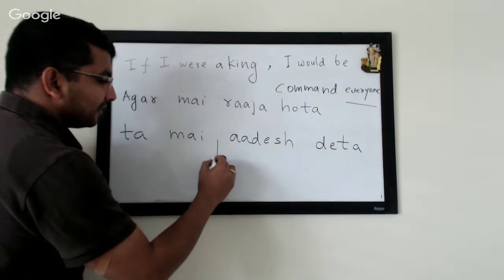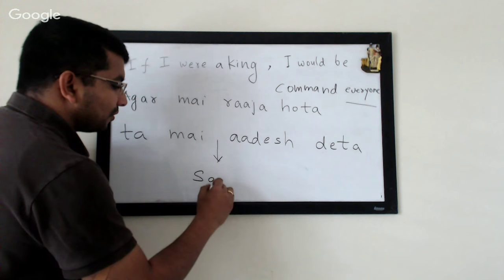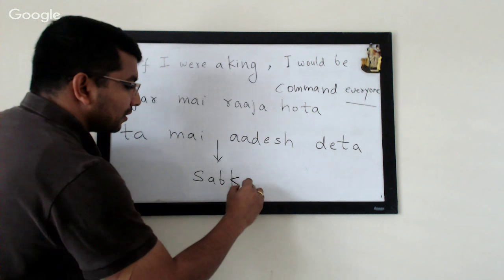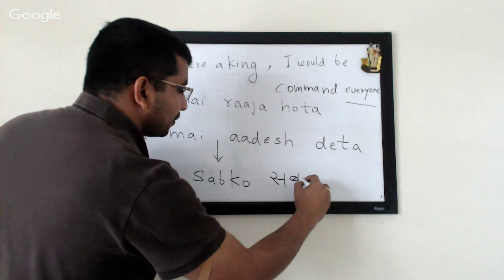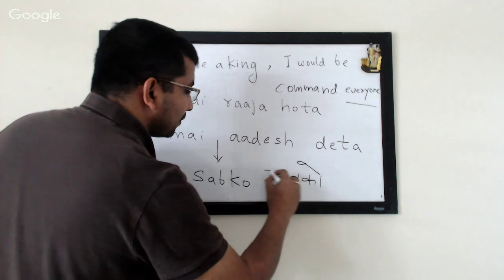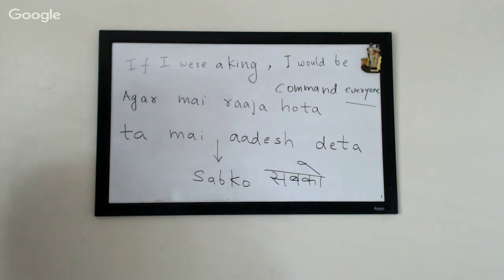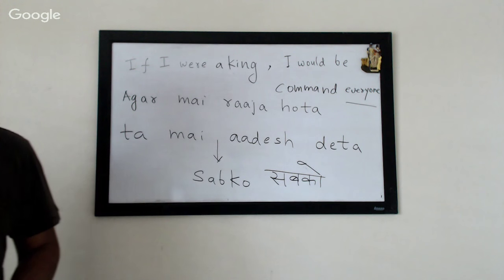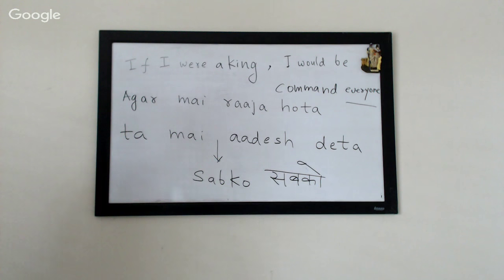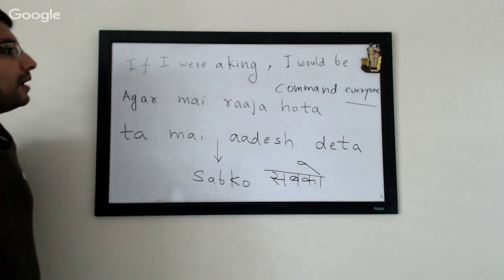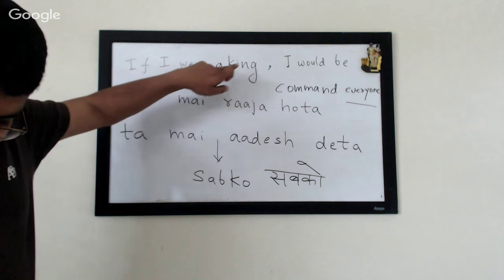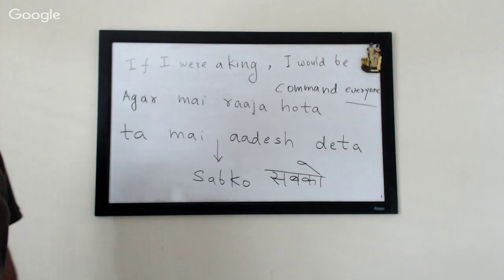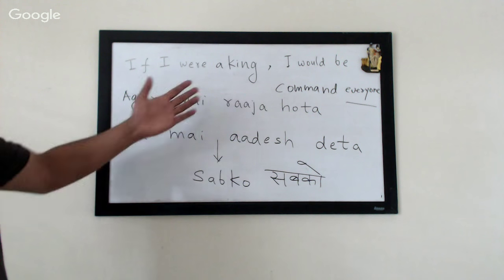तो मैं, use से सबको, to all, सबको. अगर मैं राजा होता तो मैं सबको आदेश देता. Very good, right. The original sentence I had was, if I were a king of the forest. It's not that difficult either, right?